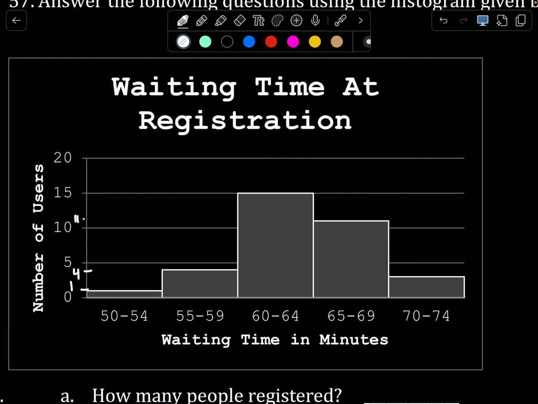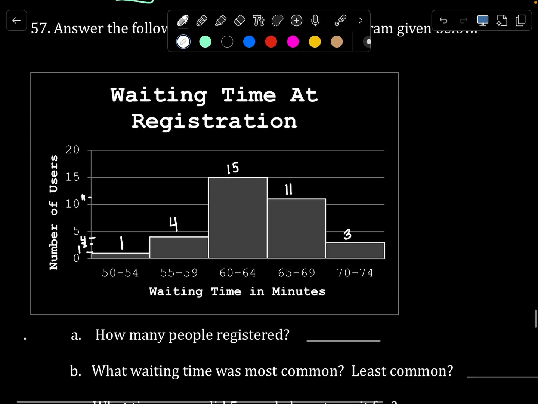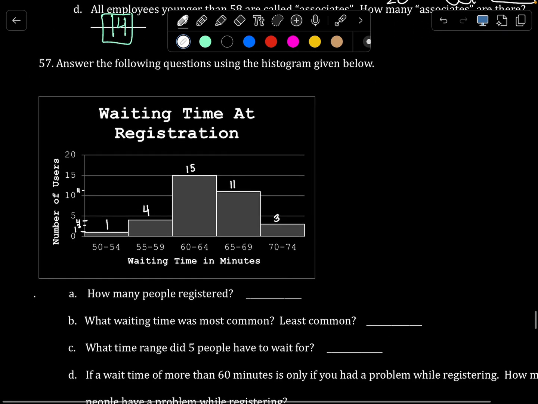This one's going to be 11, and this one's going to be 3. So this is 1, this is 4, 15, 11, and 3. It's going to be easier to read when you have the exam, okay? Right now the y-axis is not as pretty to look at, right?